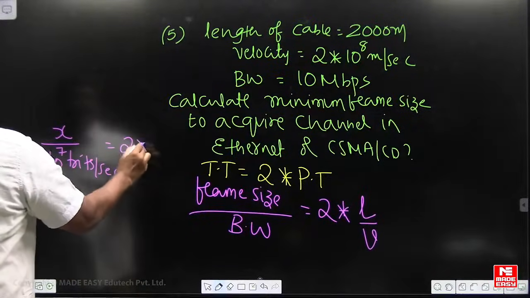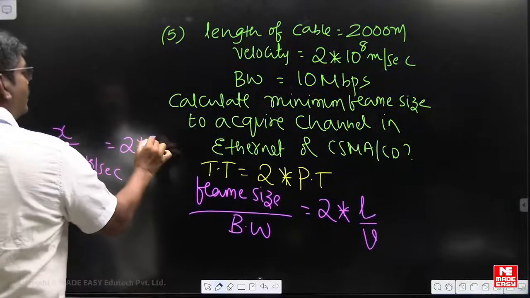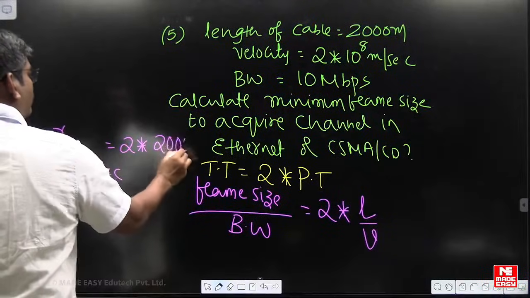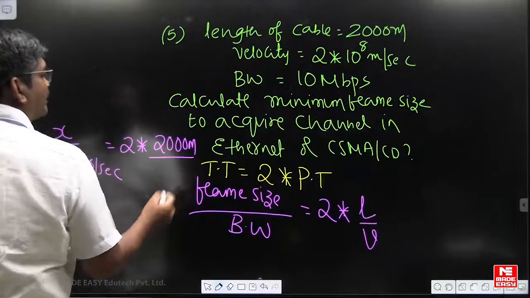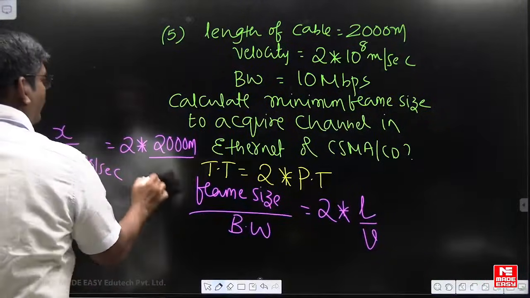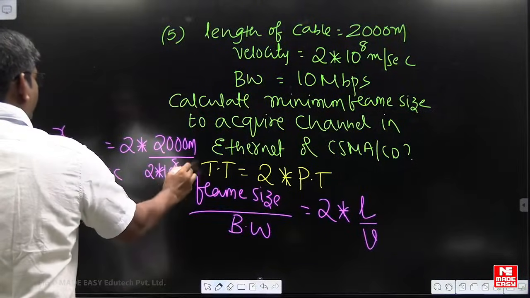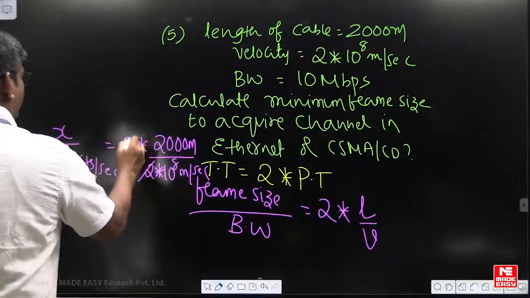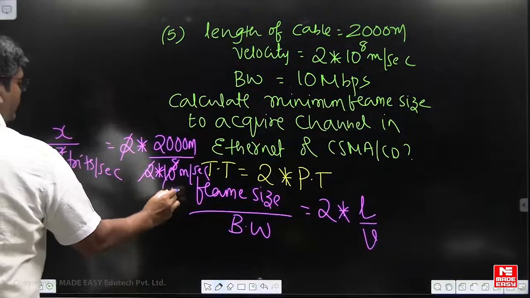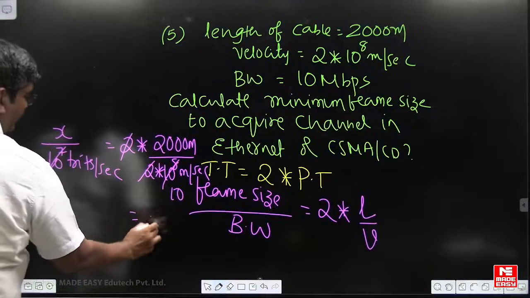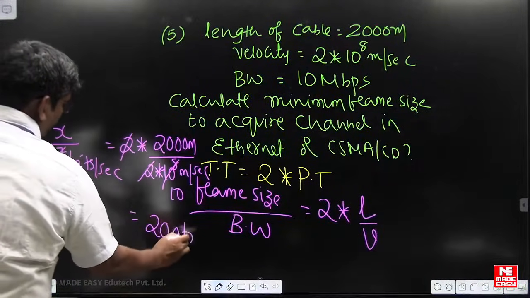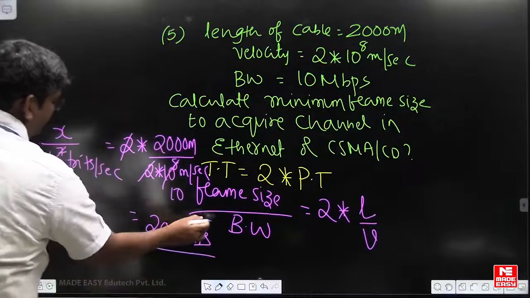Equals 2 into length upon velocity, so length is 2000 meters upon velocity 2 into 10 power 8 meters per second. This 2 and 2 will cancel, 10 power 10 times, so 2000 by 10 it is 200, so 200 bits. Okay, so this is the answer.